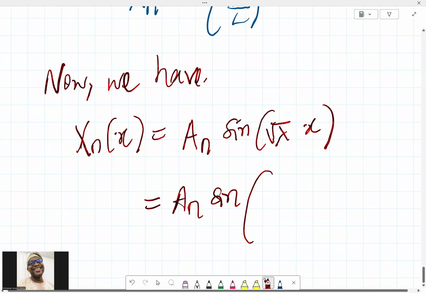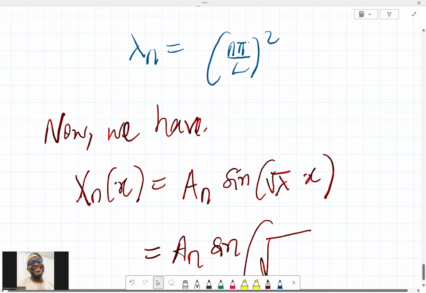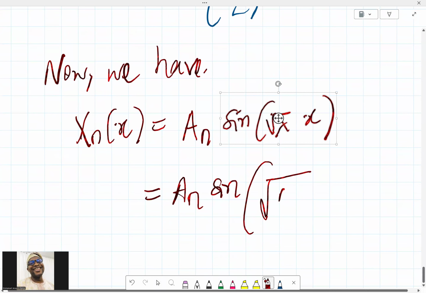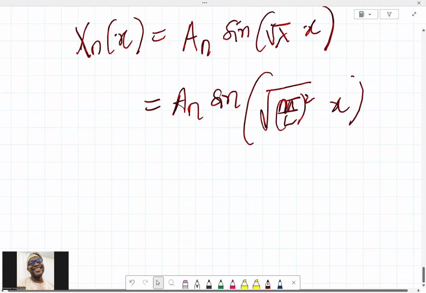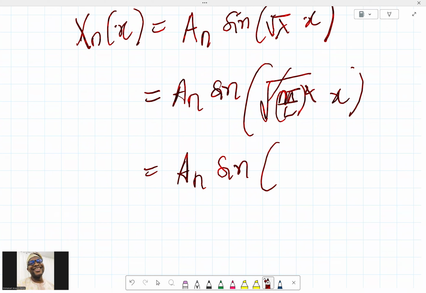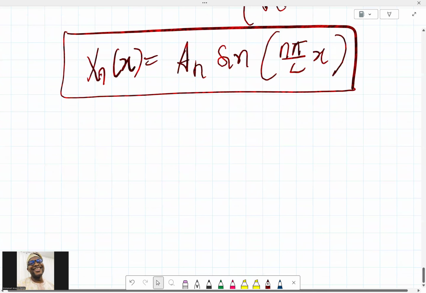So root lambda will now be root of whatever we got for lambda n. So that will be n pi over L all squared multiplied by x. So that will be An sine, so square root cancels root. So we just have n pi over L x. So that is our Xn of x. So for the space part, we have that result.